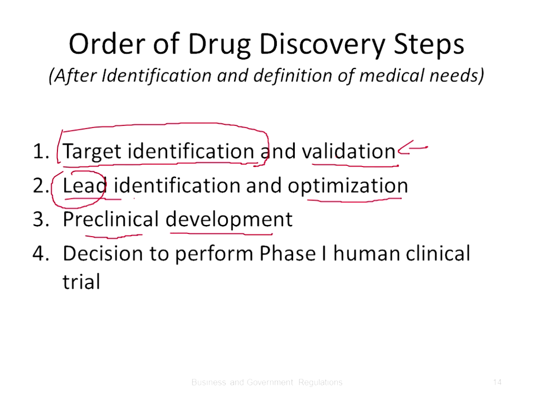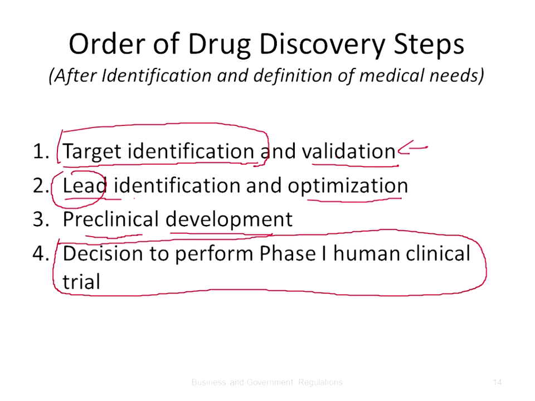So preclinical development involves laboratory assays as well as animal testing. And at that point, you are ready to make a decision to go into humans for phase 1 trials. This is called the first in human or first in man decision.